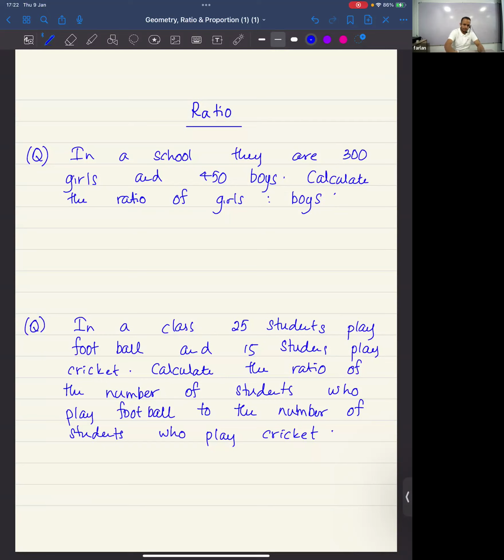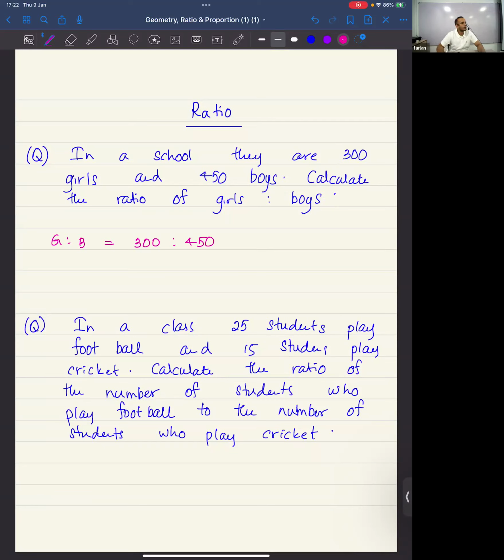Right, guys, look at the screen. Now, if we take the girls to boys ratio, there are 300 girls and 450 boys. When you're giving it as a ratio in the simplest form, we have to divide and give it in the simplest ratio.